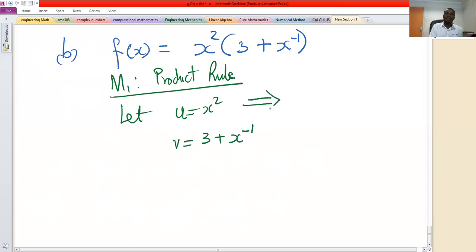So this means u prime is 2x. This means v prime is minus x raised to minus 2.